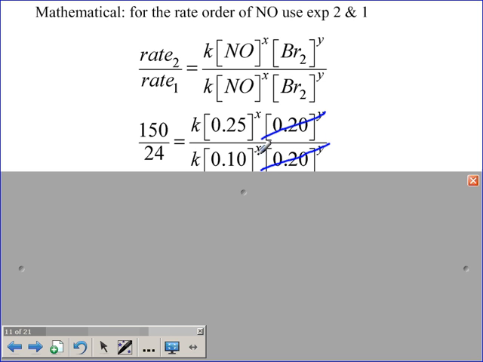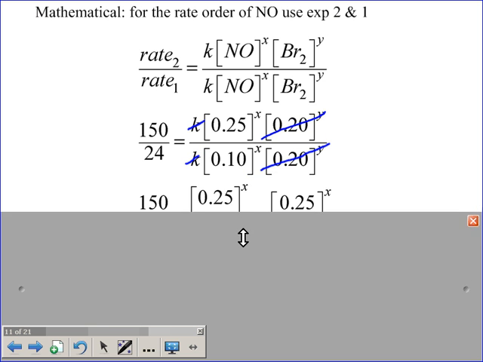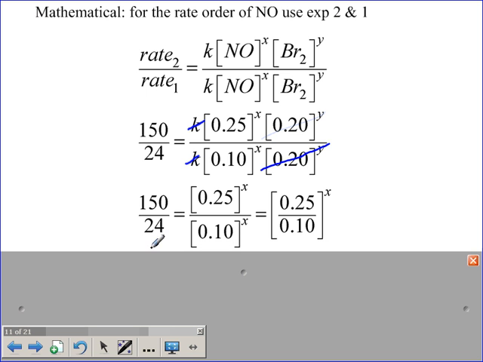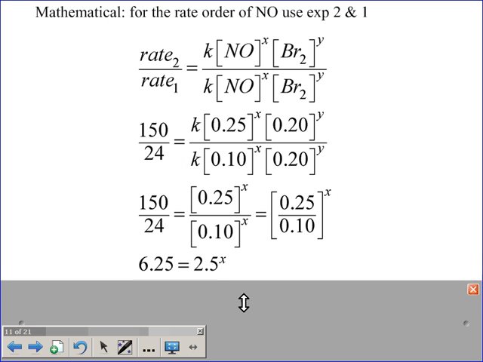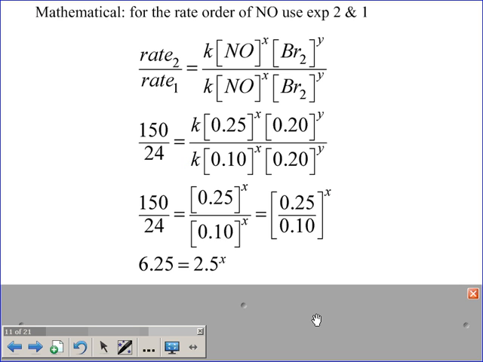So we cancel out this term, and we cancel out the k's, and we end up with 150 over 24 equals 0.25 over 0.1 to the x power. This one here, 6.25 equals 2.5 to the x power.